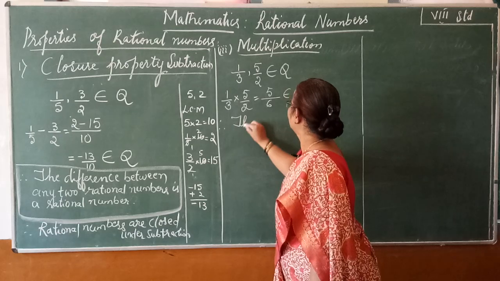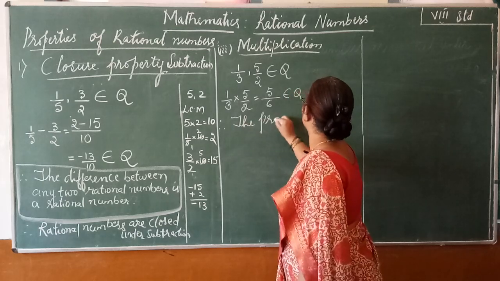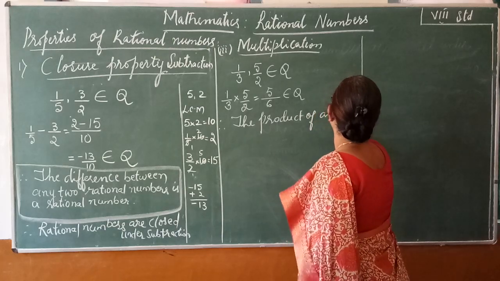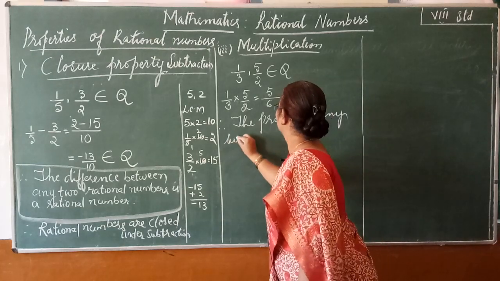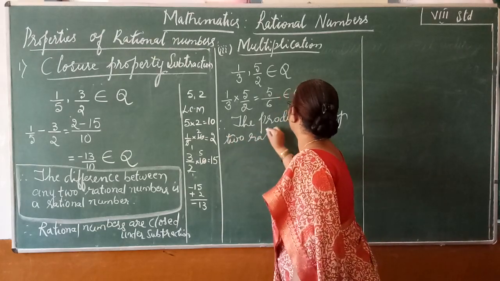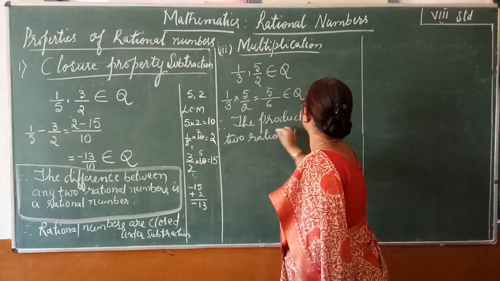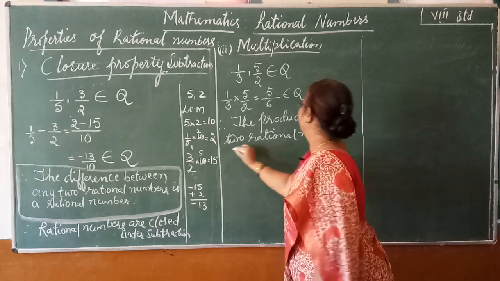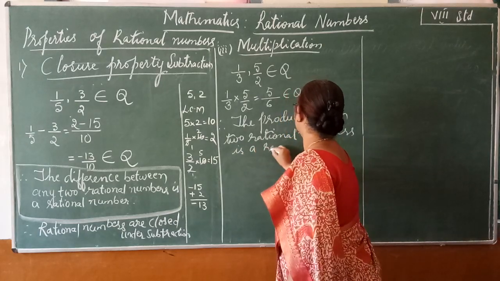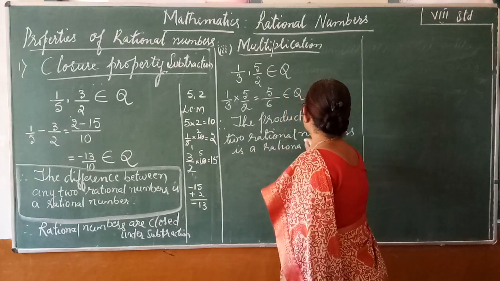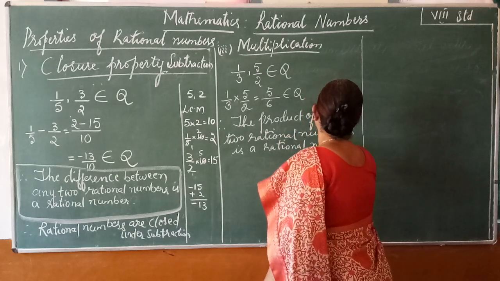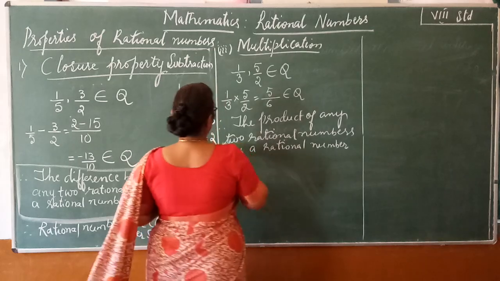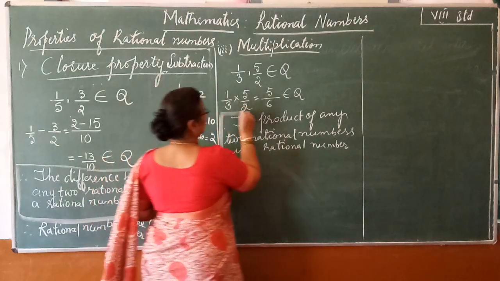Therefore, the product of any two rational numbers is a rational number. What am I writing here? It's the definition of closure property of multiplication.